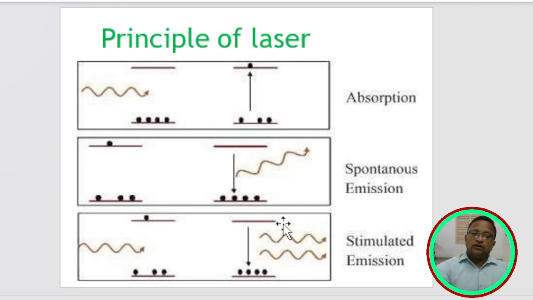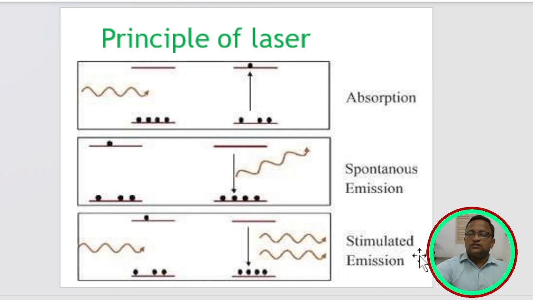Of course, we already have a few atoms in the excited level. If we send in a photon having energy equal to h nu, then the excited level atom will come to the ground level by stimulating another atom in the same mode.